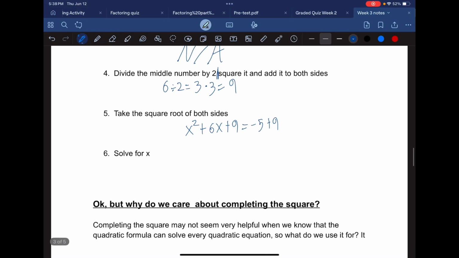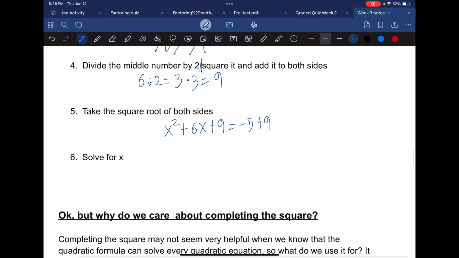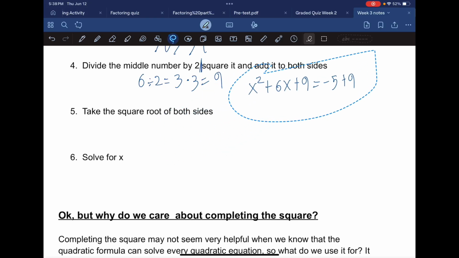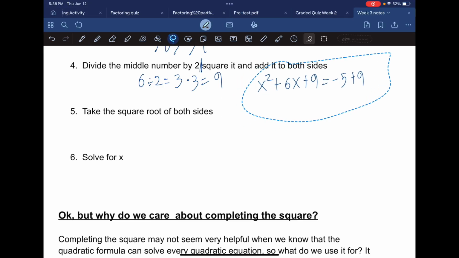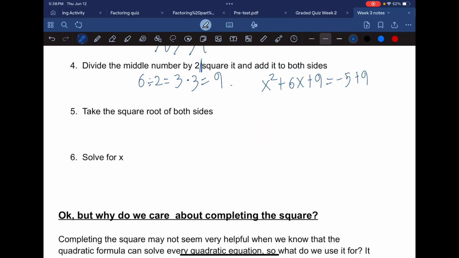So now we're taking the square root of both sides. And, sorry, we're not going to take the square root of both sides yet. We're not taking the square root yet.